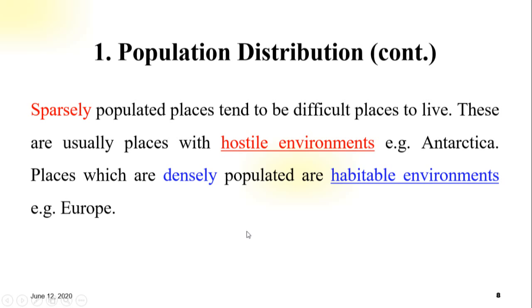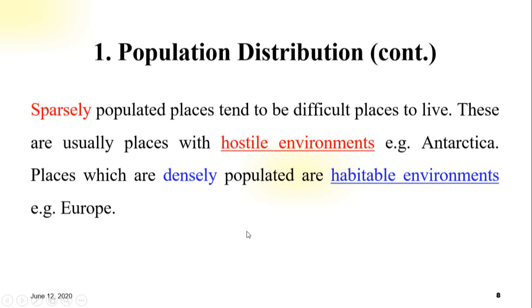Example: Antarctica. The word hostile environment is a place that people dislike to live. It means it is not comfortable to live.